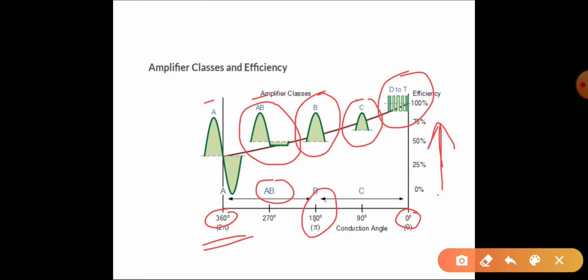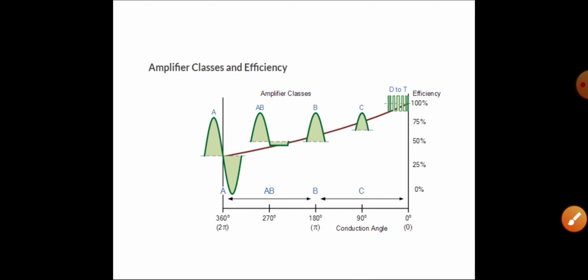It may be 90 degrees or 45 degrees or 145 or 120 degrees, but it will be less than 180 degrees. So this is the basic classification of power amplifiers, that is class A, class AB, class B and class C power amplifiers.